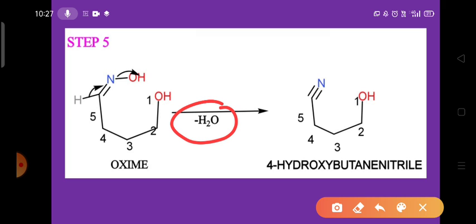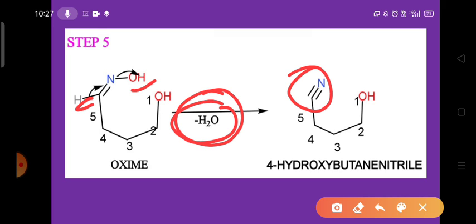This C-H bond breaks and the OH group goes out as water. As a result, we get the nitrile group. The fifth carbon changes into the carbon of the nitrile group, and the name of this product is 4-hydroxybutane nitrile.